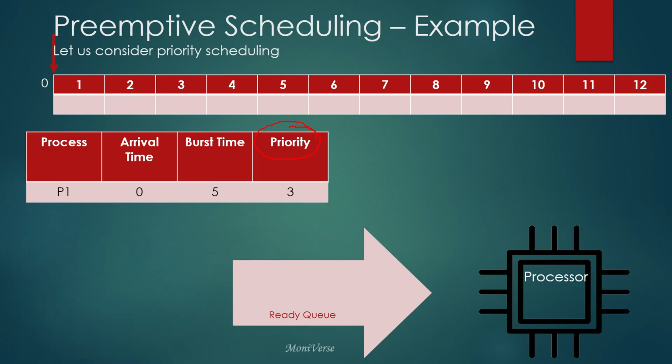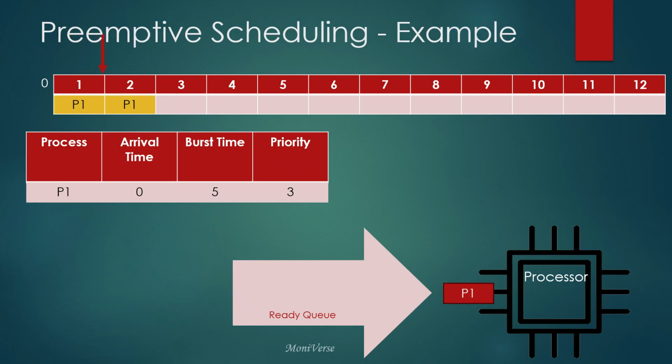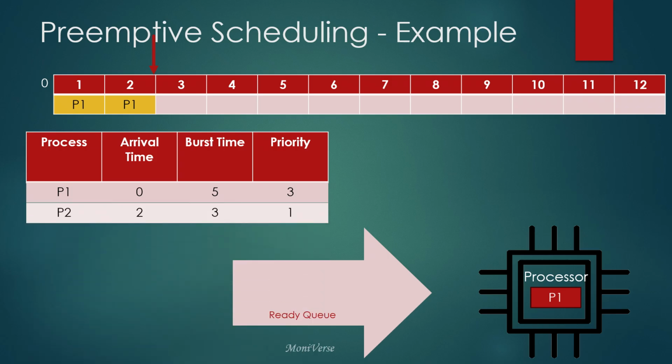Now process P1 enters at time 0 and it has priority 3 and its burst time is 5. As the processor is idle, this P1 directly enters into the processor as there is no competition for P1. Now, after its execution for 2 units of time, process P2 enters, which has a higher priority when compared with P1.